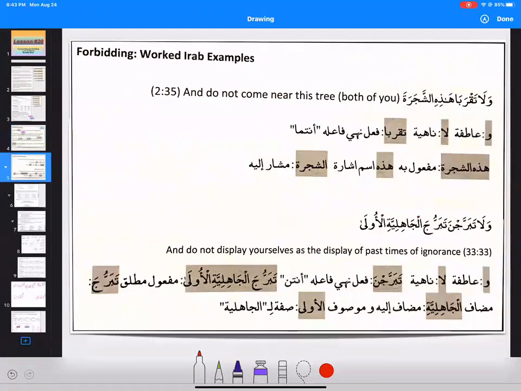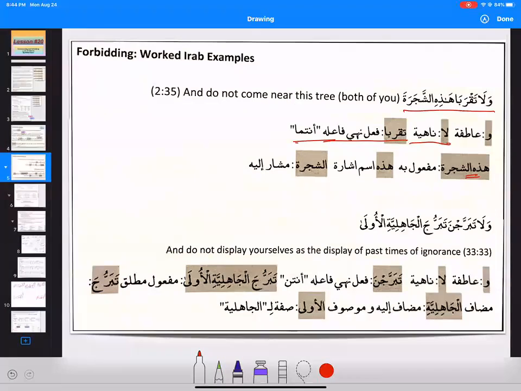Okay, so then we have how you are going to make i'rab of our forbidding one. So you can see over here, wala taqraba hazihi shajarata. Wow is our ataf, la is la nahiya, taqraba you're gonna say fail nahi, failuhu antuma, and hazihi shajarata, after hazihi we see al over here. So this is our ismul ishara, right? And one more thing, I don't know if I mentioned before that after haza, when we have ismul ishara, meaning after this is a pointer fragment.